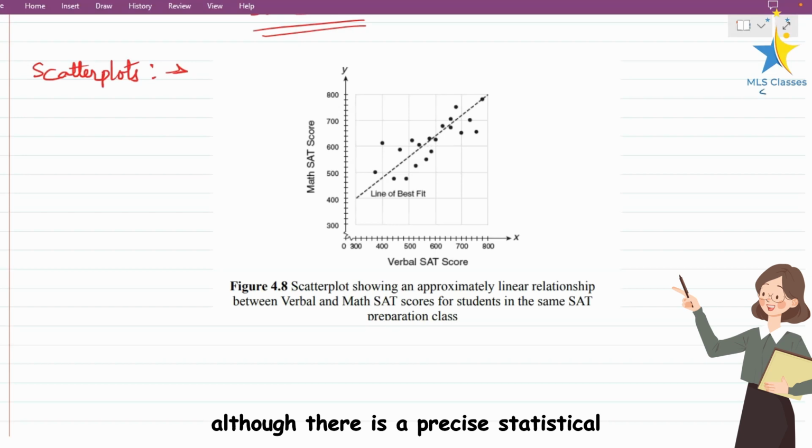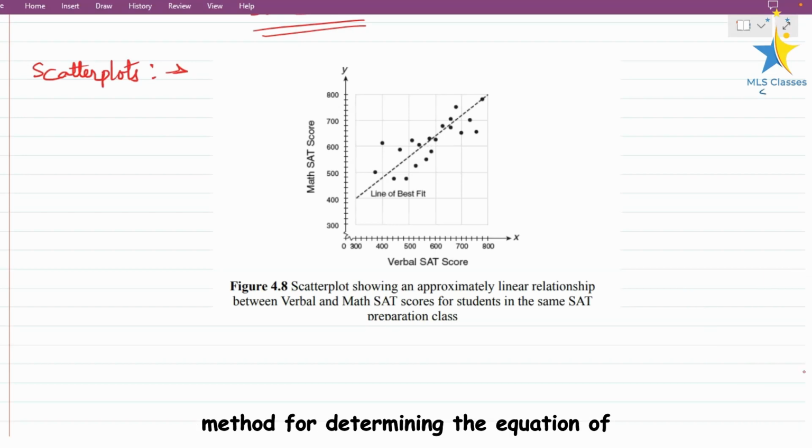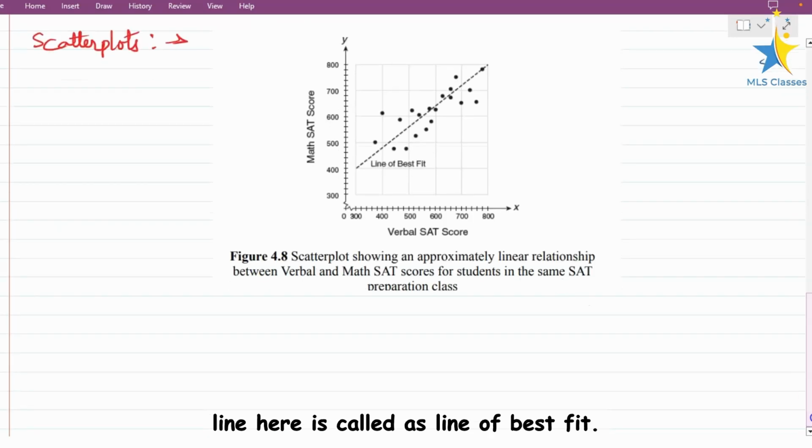Although there is a precise statistical method for determining the equation of the line of best fit, we can see how far it is from each point. It should be approximately equally far from all the points. So this is called a scatter plot, and the line here is called the line of best fit.